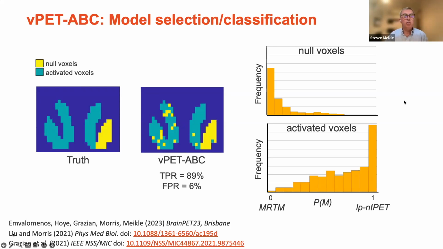And this is the distribution of the model selection, the model classification of those voxels, just showing the full distribution of all the null voxels in the top row. And you can see that that distribution is skewed towards the MRTM model. And in the bottom row, the voxels that do contain activations are skewed very heavily towards the right, which indicates the LPNT-PET model.